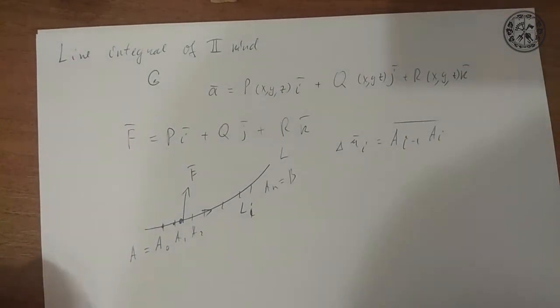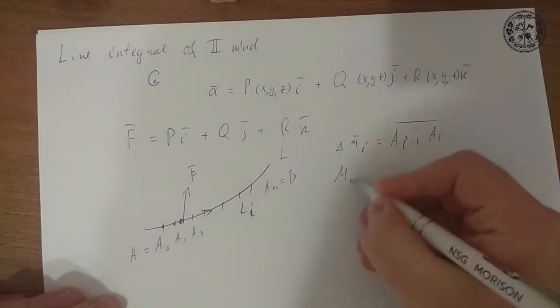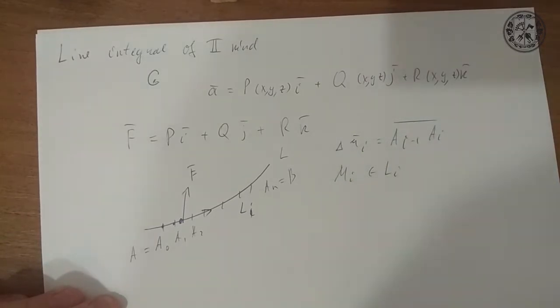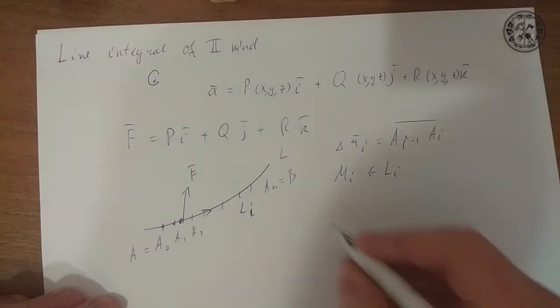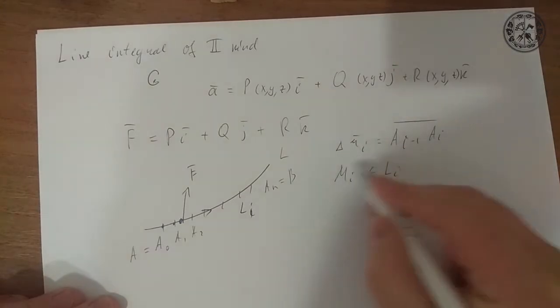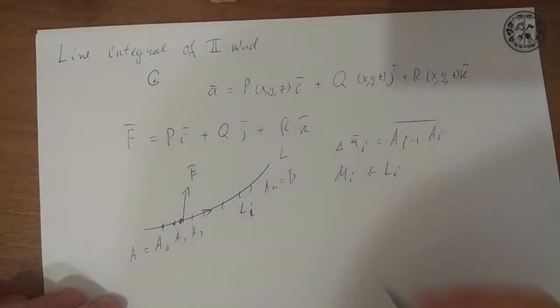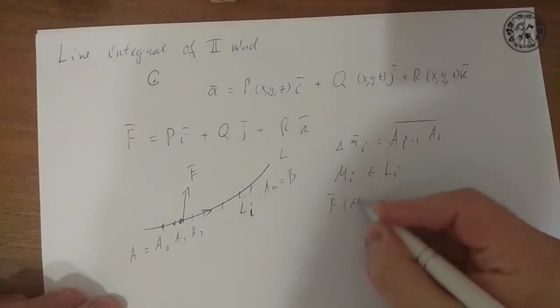At each element Li we'll select Mi, and we'll presume that force F will be constant on every piece delta Ri, equal to F of Mi.